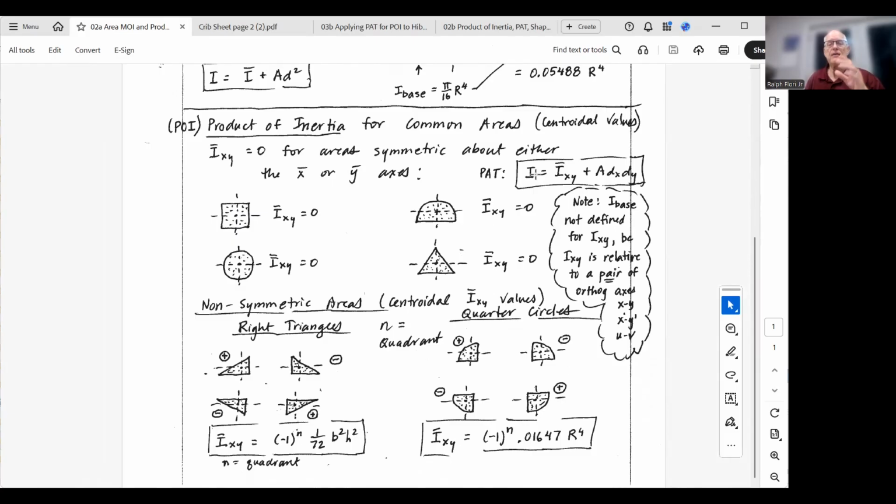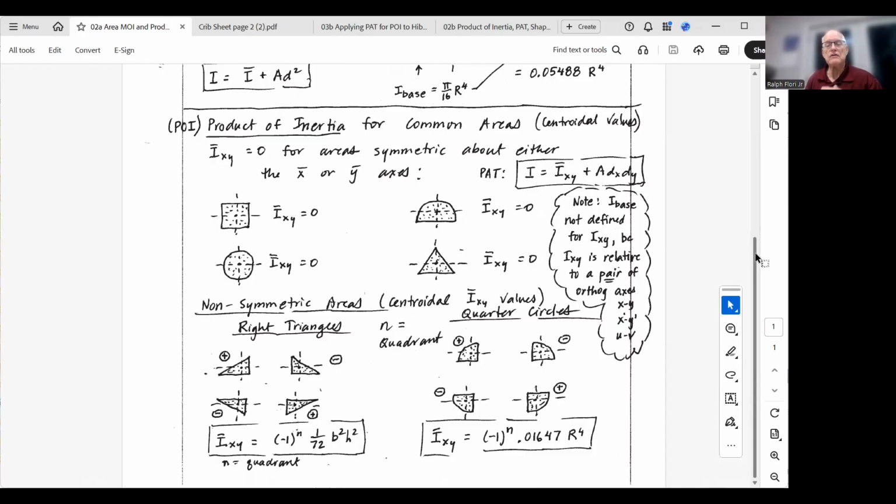Ixy about some set of axes is equal to I bar xy, or I bar x prime y prime, about the centroidal axes of an area, plus the area times dx times dy. So in order to use this, you need I bar values or centroidal values.